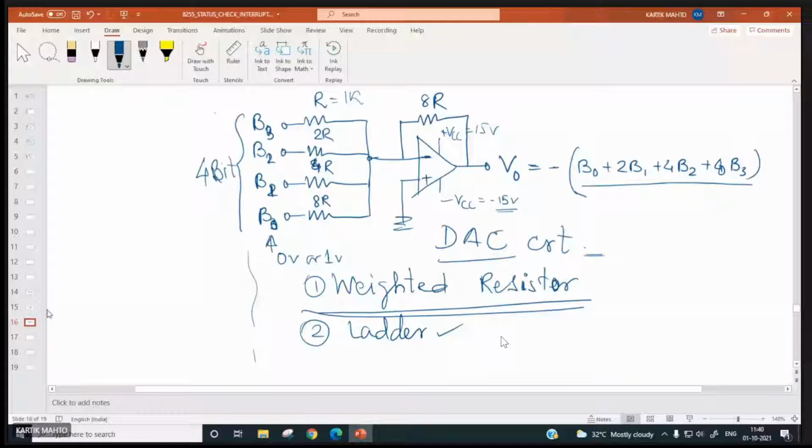Theoretically it's all good, but practically it's not good. Why? Because if you are not putting the exact value, then you will not find your output as required. So that is the reason we have the ladder network for implementation of the same.